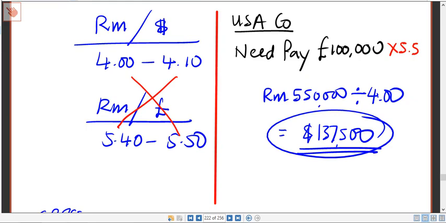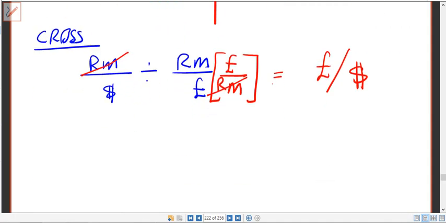If this is called cross, if you're going to divide, you really need to cross it. 4 cross with 5.5, I need to divide. So I'll take 4, I'll divide by 5.5. What do I get? Write for me, please. 0.